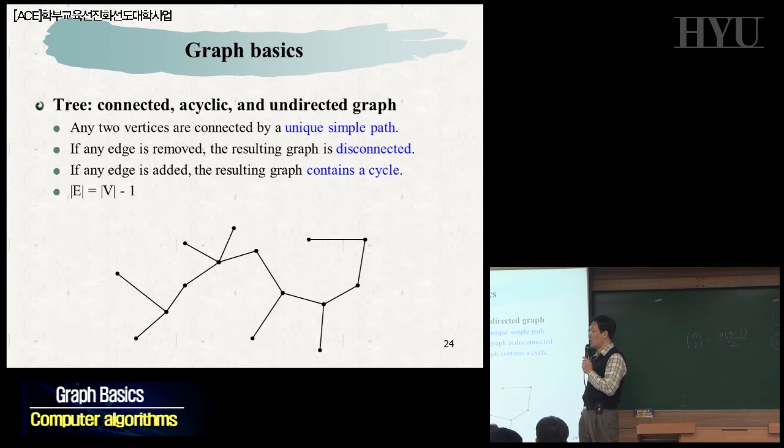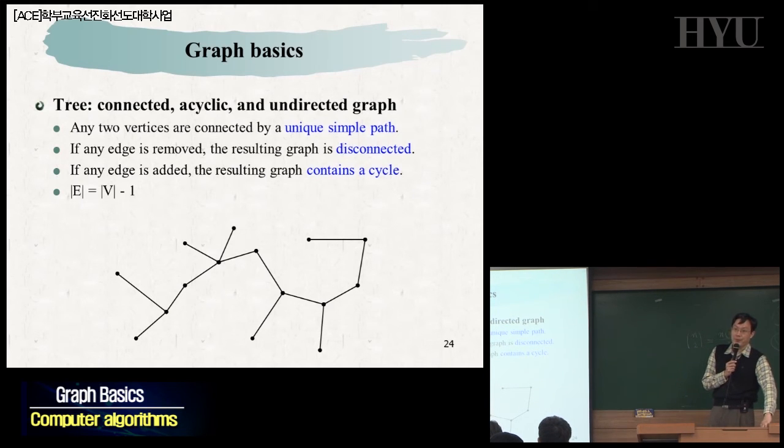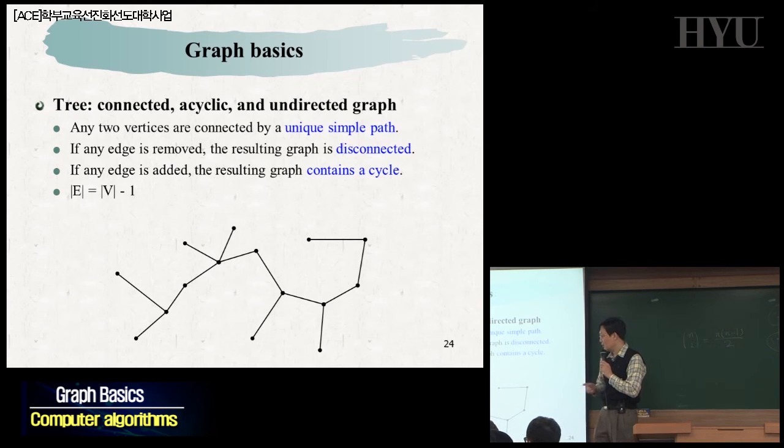Okay, if any edge is added, the resulting graph contains a cycle. Why? Look at this. There is already a connected path here. Assume that we are adding a new edge between these two vertices.